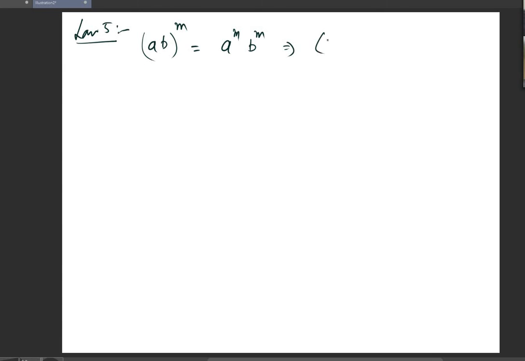So 2 times 3 raised to the power of 6 will be 2 raised to the power of 6 times 3 raised to the power of 6.